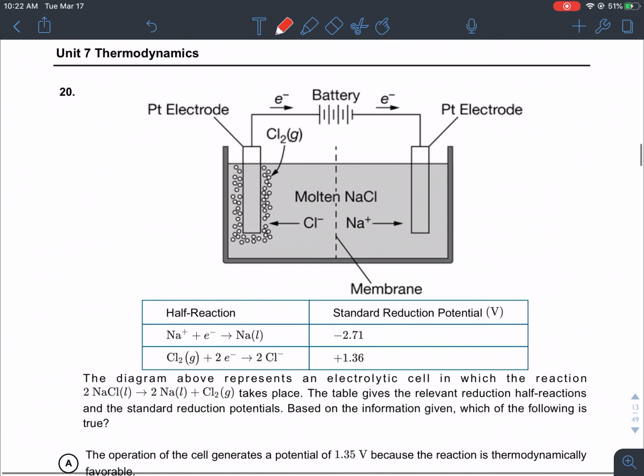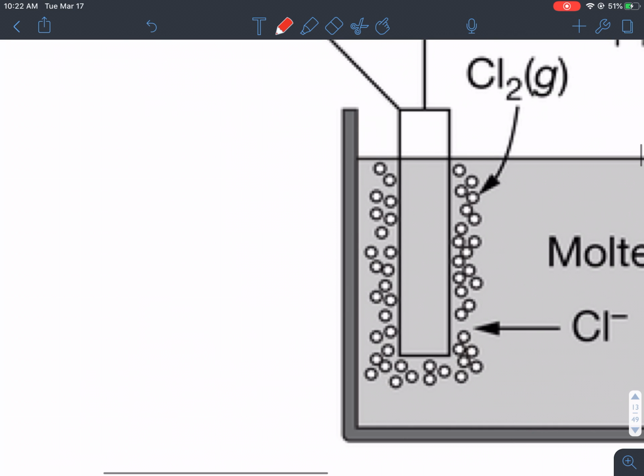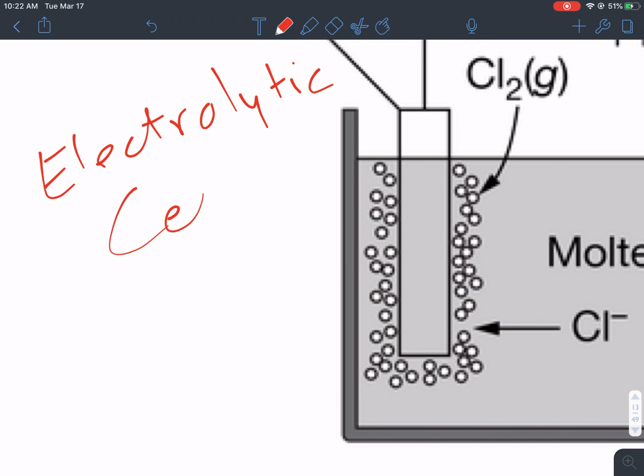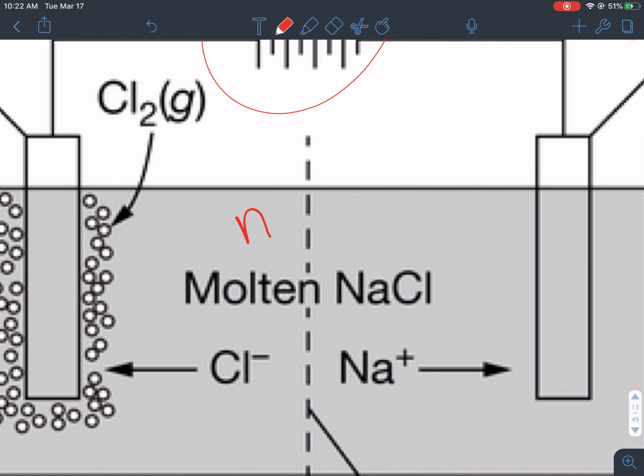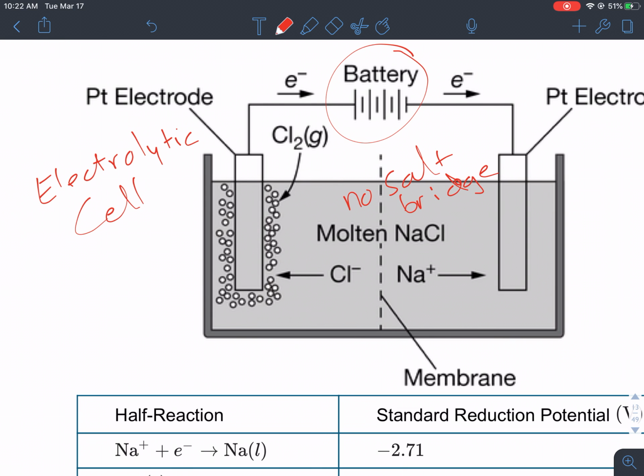All right, number 20. Platinum electrode. There's a battery to another platinum electrode, and you have molten NaCl. I know for a fact that this is an electrolytic cell. You know how I know? There's 2 things: an outside battery source, and there is no salt bridge.